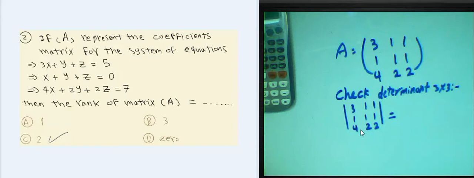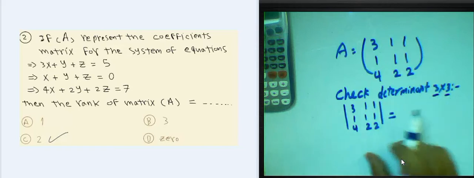If this determinant equals 0, then the rank will be equal to 2. If the determinant is not equal to 0, we can choose 3.